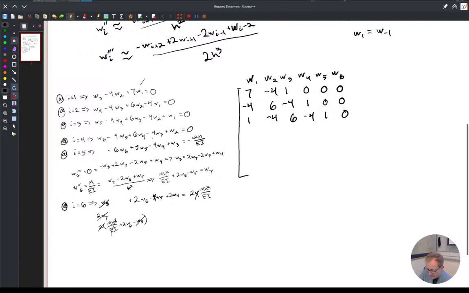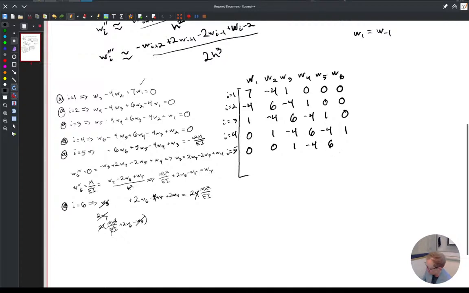Then the next equation, I equals 4. Now I've got a 0W1, 1W2, negative 4, and then a 6, a negative 4, and a 1. I equals 5. I've got a 0 and a 0, and then a 1, a negative 4, 6W5.